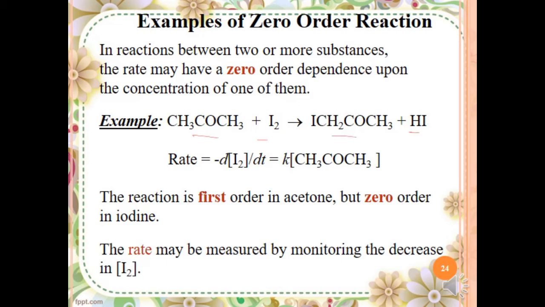If we write the rate, rate is the rate constant k times the concentration of acetone. So the reaction is first order in acetone but zero order in iodine. You don't see iodine in the rate expression because of zero order. Therefore, the rate can be measured by monitoring the decrease in the iodine concentration.